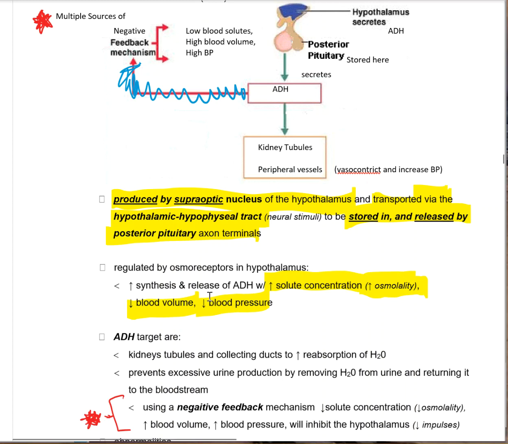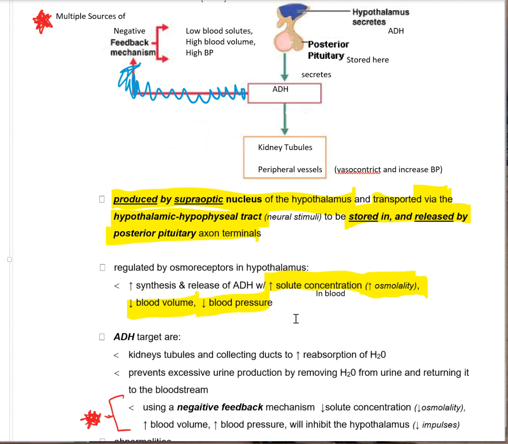Okay, so this is solute concentration in blood, by the way. So it's looking at the blood solute concentration. So think of it this way. If we have a lot of solutes in our blood, and we have low blood volume, that means we have very concentrated blood and we don't have as much liquid, and we want that liquid back.